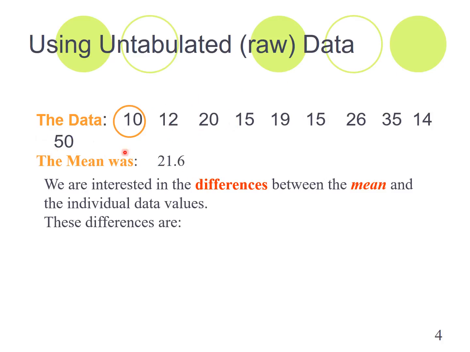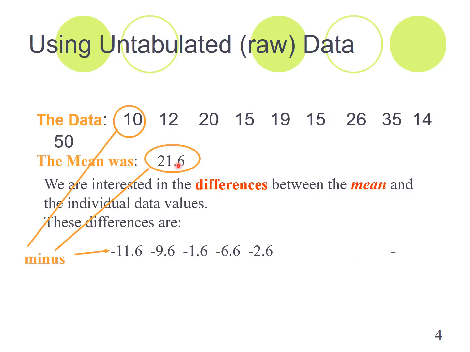So if you look, 10 minus 21.6 will give you 11.6, and going along, here are all the differences. So we're taking each data item and we're taking it from the mean. And when you add them all up, what you get is 0.